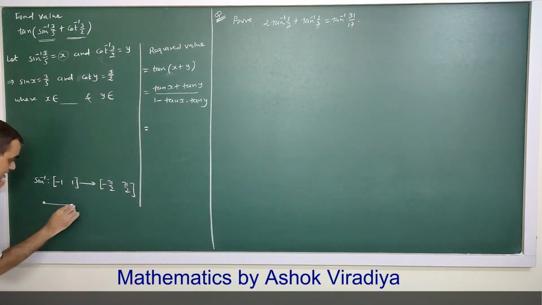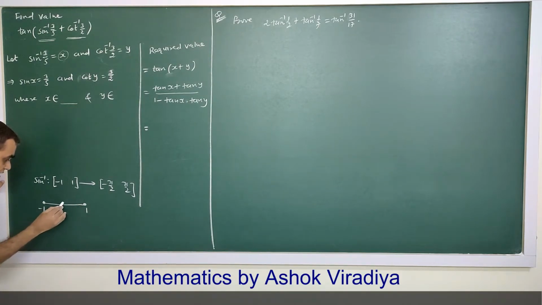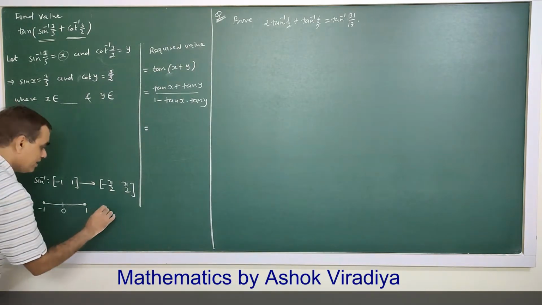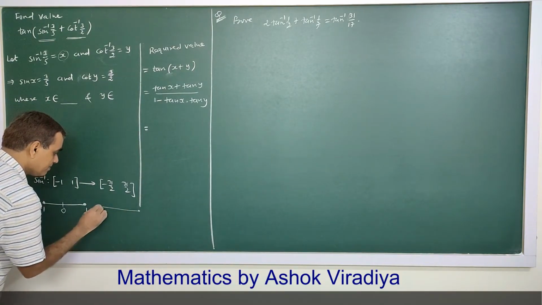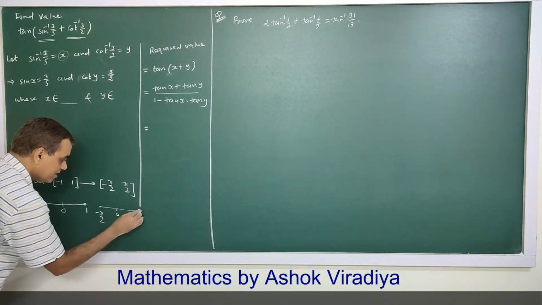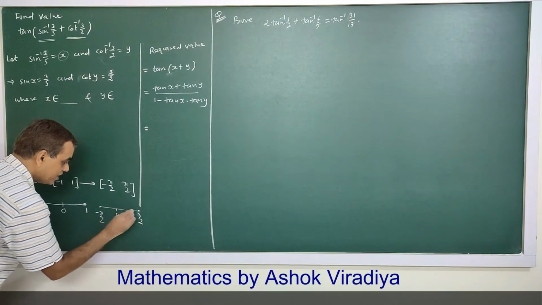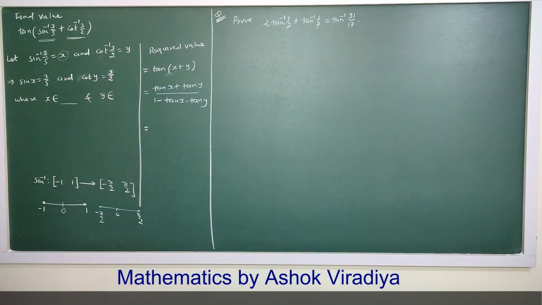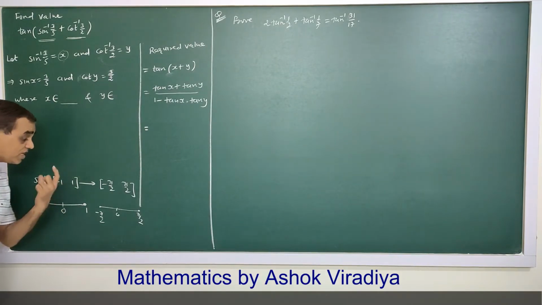Imagine two parts of the interval -1 to 1. One part contains negative numbers, the other part contains positive numbers. When sine inverse works on numbers belonging to this interval, outputs lie in this interval.